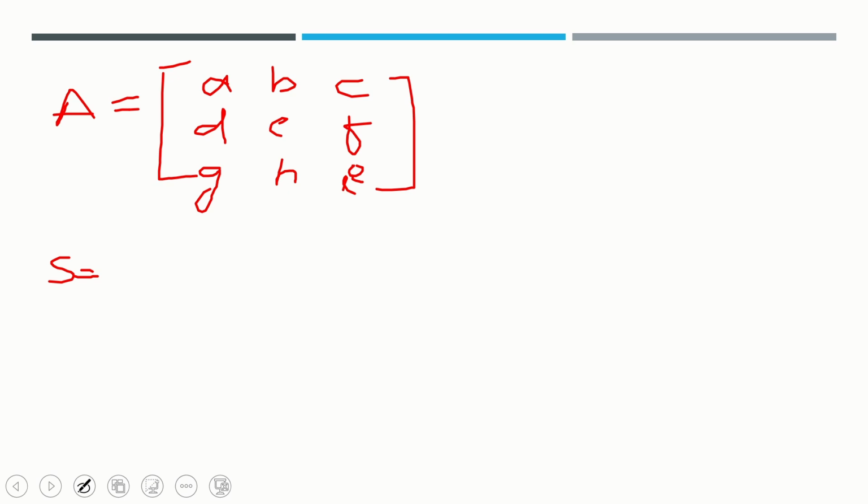So likewise, this will be plus, this will be minus, this will be plus. First you take element A, or you can take any element, the first element. I'm taking A.